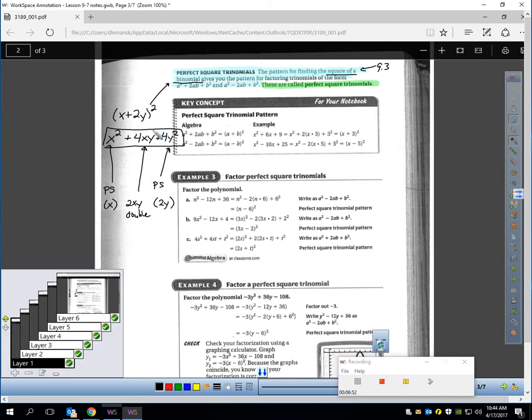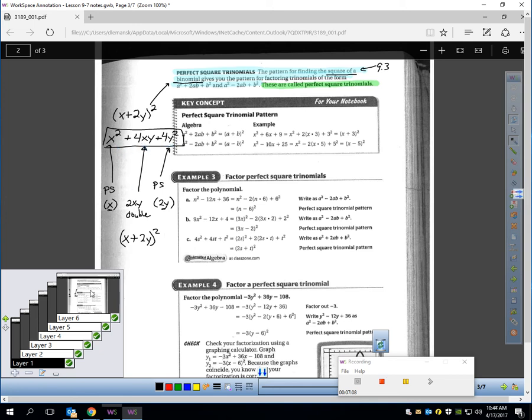Well, whenever that's the case, you have what's called a perfect square trinomial, and all you have to do to factor it is just write the first term x, write the last term 2y, and then square it. x plus 2y is squared. That would be the proper factoring. I don't have to use the Brooklyn method or figure out what times what's 4 and adds up to 4 in the middle.